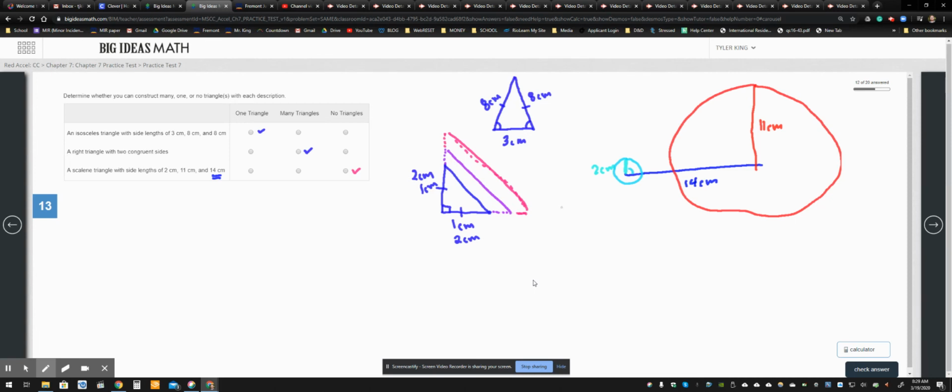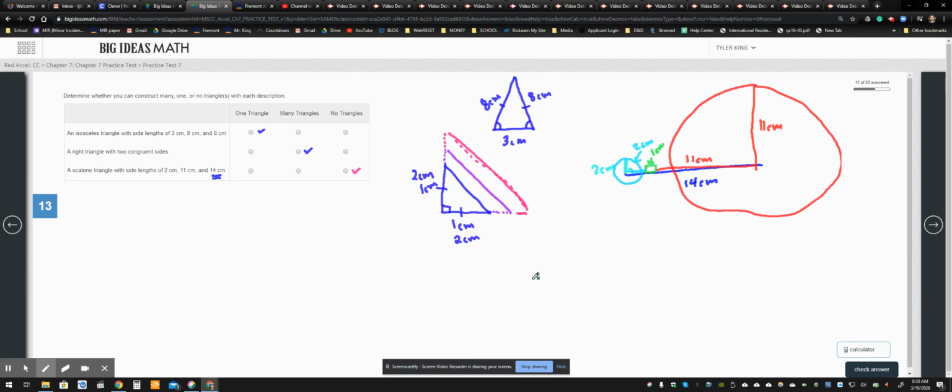The reason I drew it like this is because I want us to see that even if we were to lay this side flat, we have 11 centimeters back this way, and even if we were to lay the other one, this blue one right here, we only go 2 centimeters the other direction.